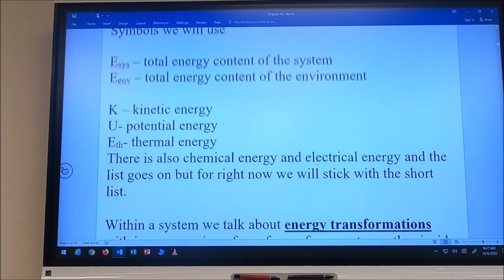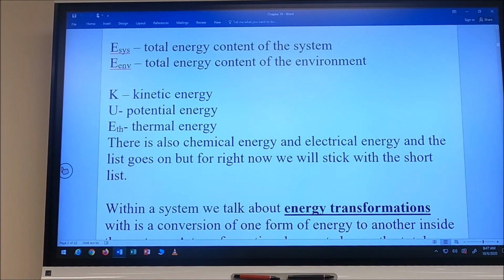Now, some symbols we're going to use. E we're going to use for energy. E_sys is the total energy of the system, and E_env is the total energy in the environment. Capital K is going to be used for kinetic energy, a capital U for potential energy, and if you see an E with a TH subscript, that's thermal energy.